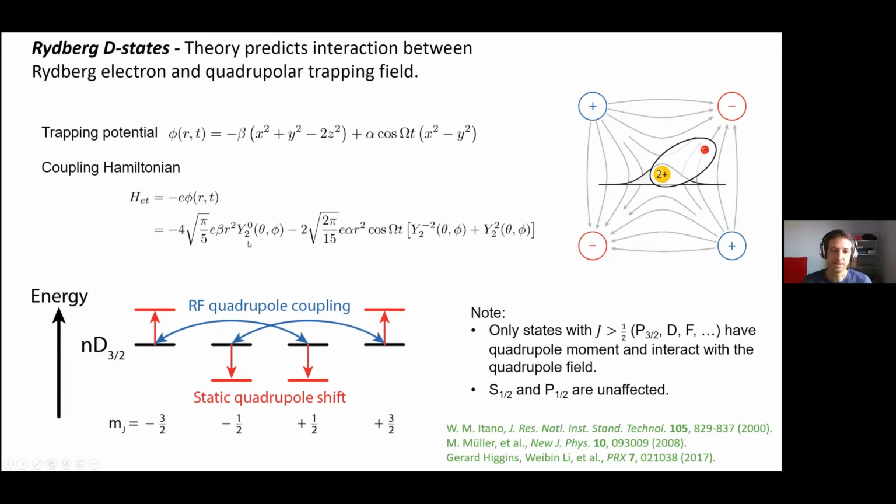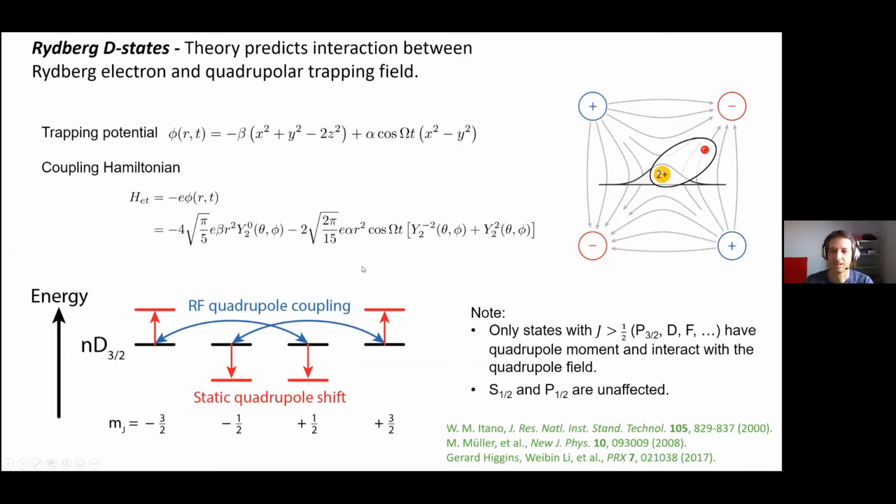Then you see that there's a DC term that only leads to static shifts, while the AC term leads to the coupling between different Zeeman levels. So there's a delta M equal to plus or minus 2 involved.